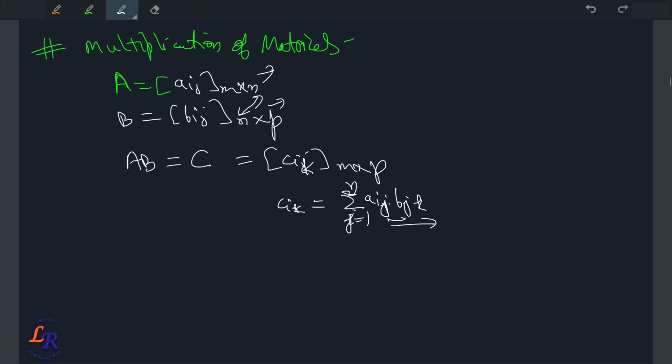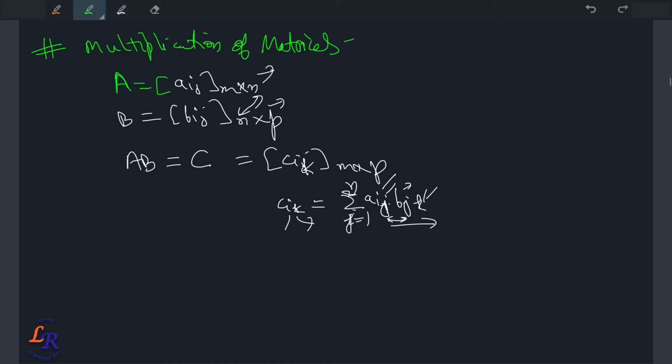Remember that the ith row and jth column element of the first matrix will be multiplied with the jth row and kth column element of the second matrix, and all the products will be summed together. That will result in the ith row and kth column of the multiplied matrix, right?